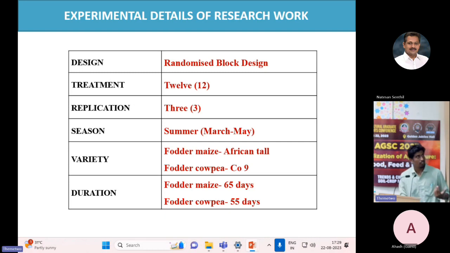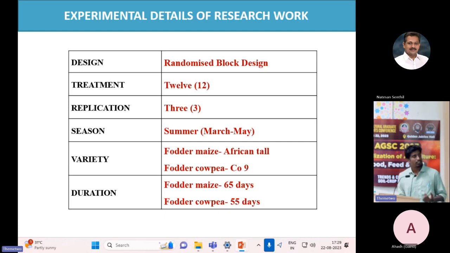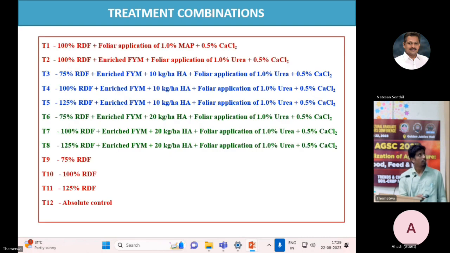Harvest for fodder maize is 65 days from sowing, and fodder cowpea 55 days from sowing, or at 50% flowering.